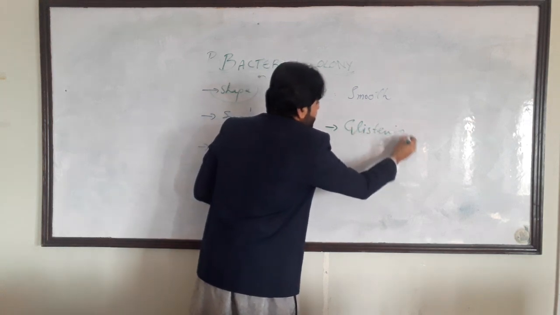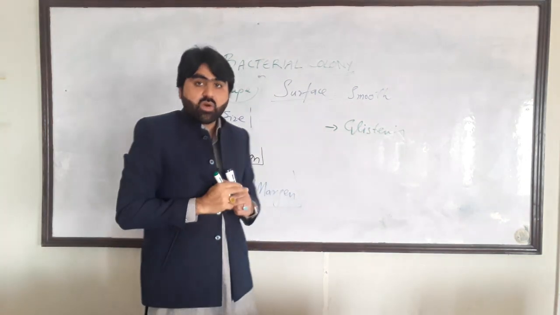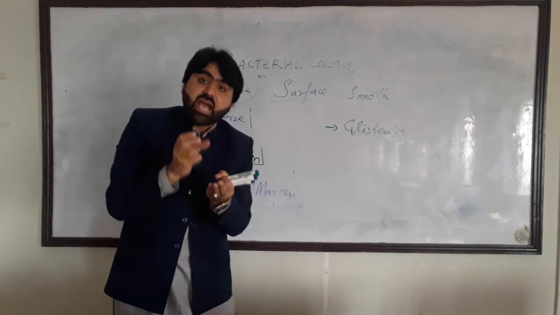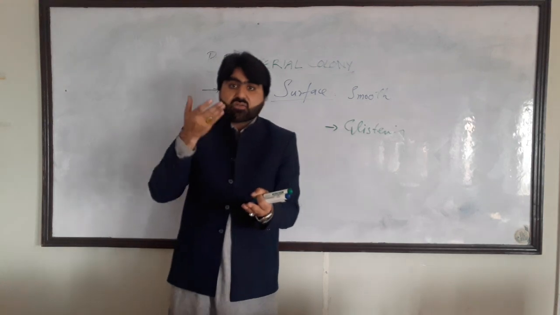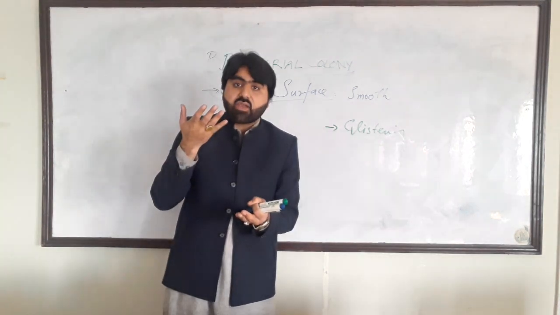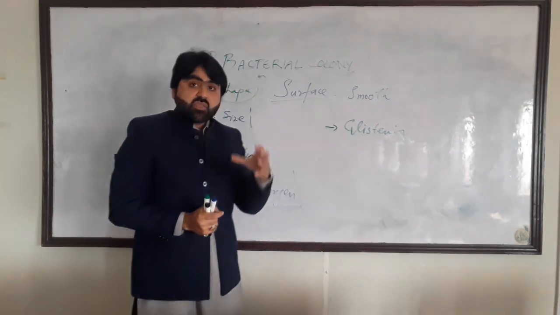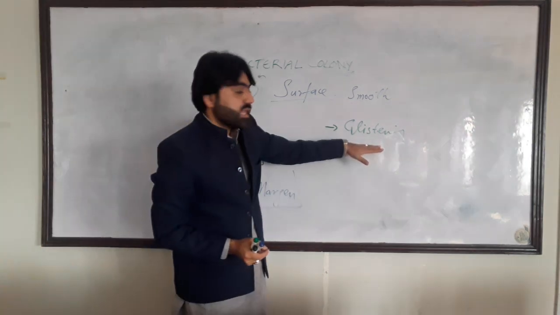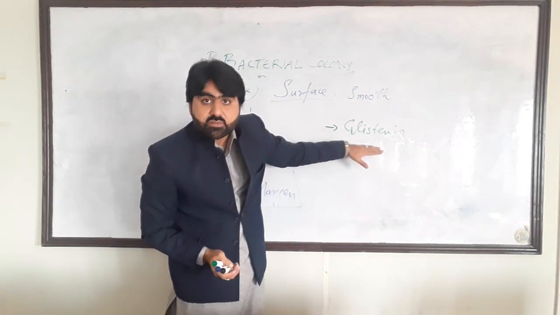Glistening, by the word glistening we mean that the bacterial colony is shining in nature with flashes of light, with sparkling of light. So if you have shining colonies with sparkling of light, then you can say that they are glistening colonies.